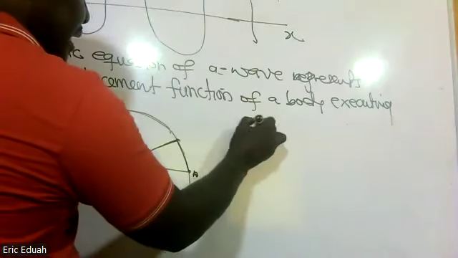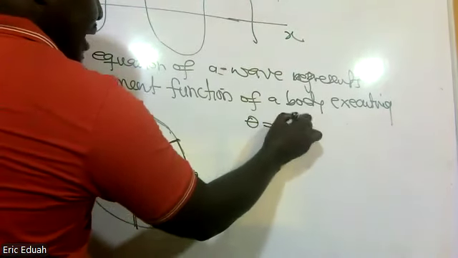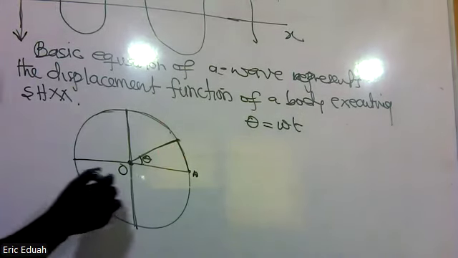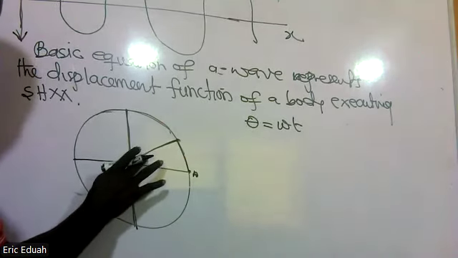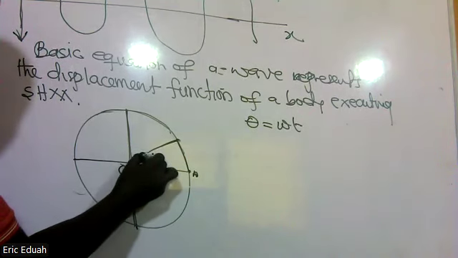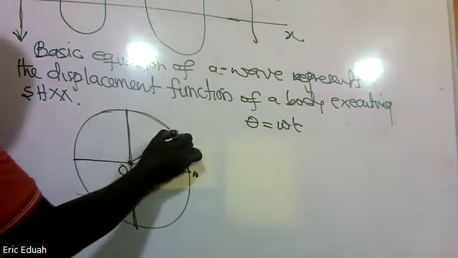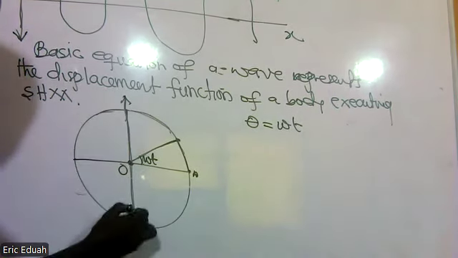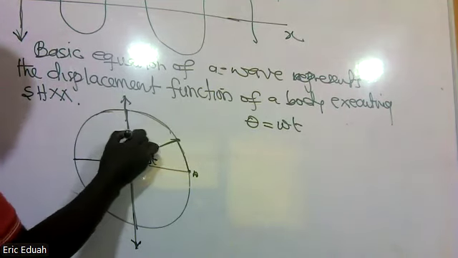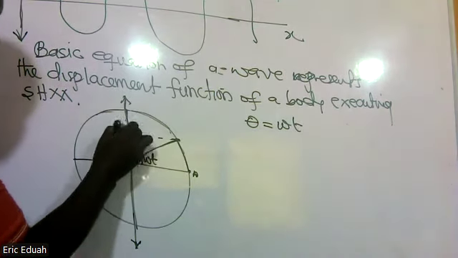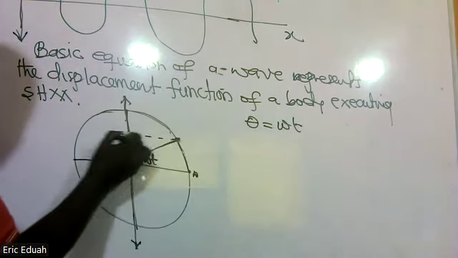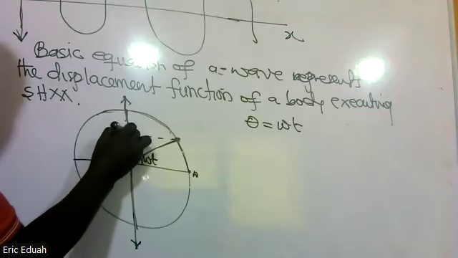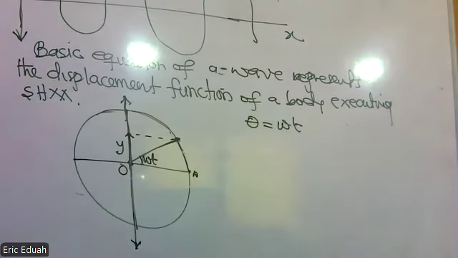But because theta is equal to omega t, instead of theta, we'll express it as omega t. When the body is here, we can trace its displacement on the y-axis by this point. So a position here represents a position over here, which is labeled as the displacement y.